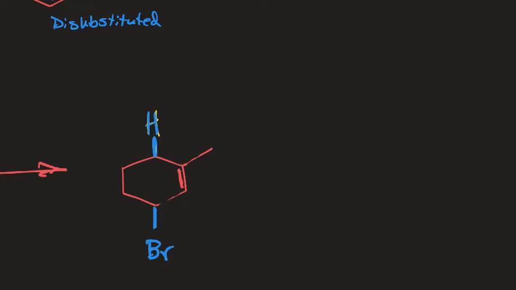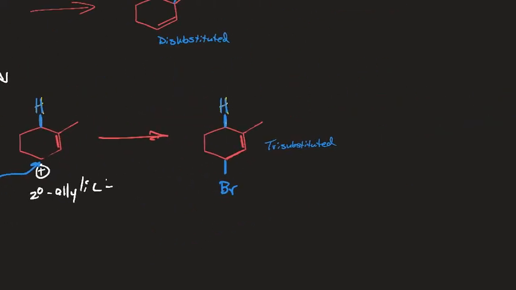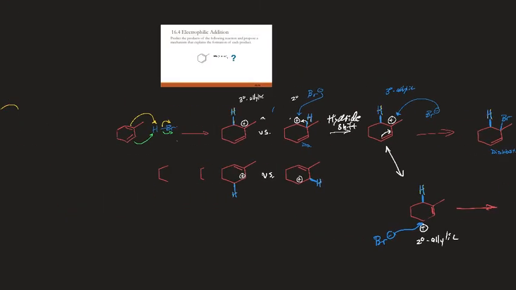And now we've got from here a tri-substituted double bond. So we would get this under kinetic control and this under thermodynamic control because it's more stable.